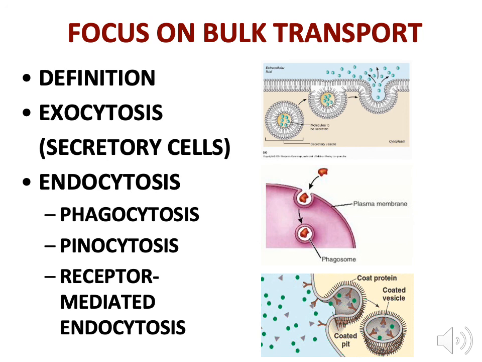The prefix pino means to drink. Cytosis means of the cell, so pinocytosis is cell drinking. What we've got is a significant number of molecules in the environment outside the cell. Those molecules plus a significant volume of the extracellular fluid flows into that invagination. And that invagination becomes isolated from the cell surface.